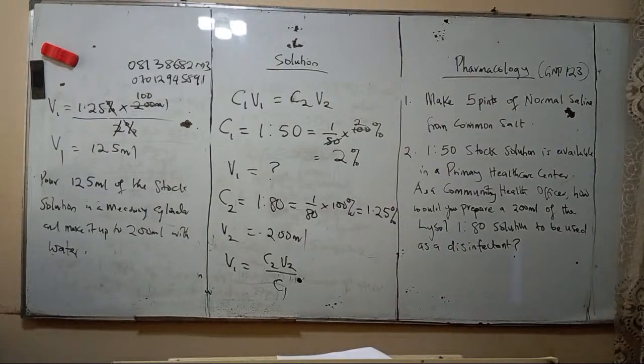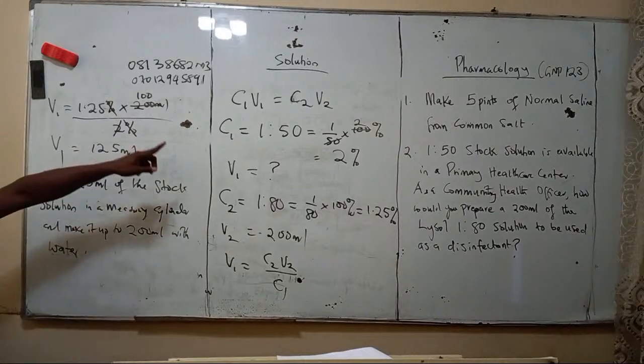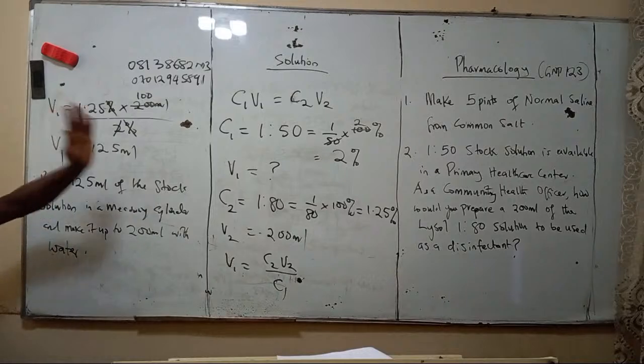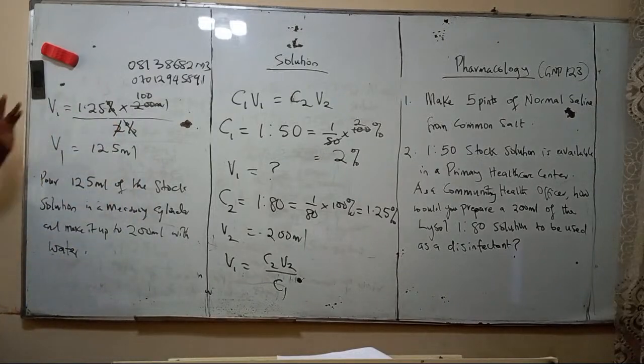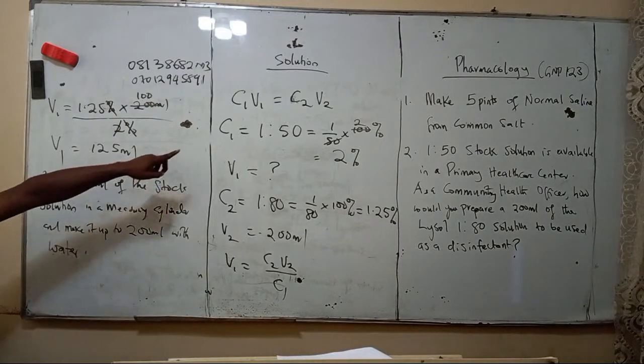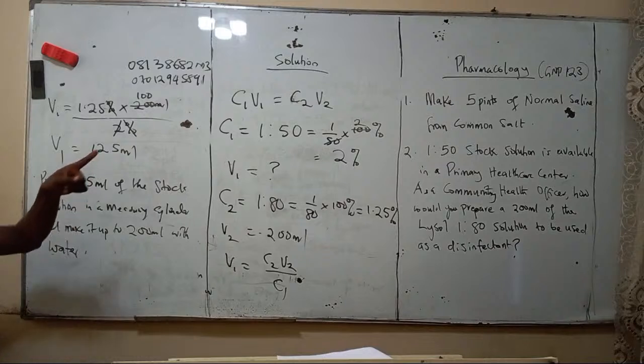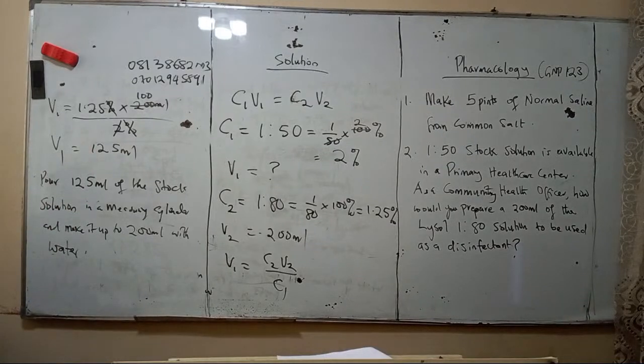So to calculate it, use C1V1 equals C2V2. C1V1 belongs to the stock solution. C2V2 belongs to the diluted solution, the one you want to use as disinfectant. They gave us C1 to be 1 in 50. I prefer moving my ratio strength to percentage strength.